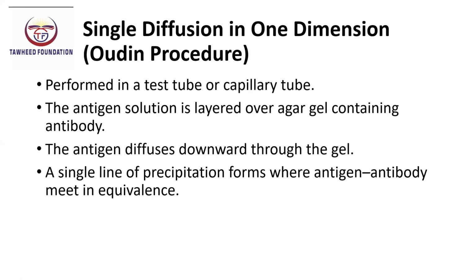At the point where their concentrations reach equivalence, a single sharp precipitin line appears. This line indicates the antigen-antibody reaction zone and confirms the specificity of the antibody for that antigen. The Oudin test is used primarily for qualitative identification of antigen and is the foundation for more advanced diffusion techniques.